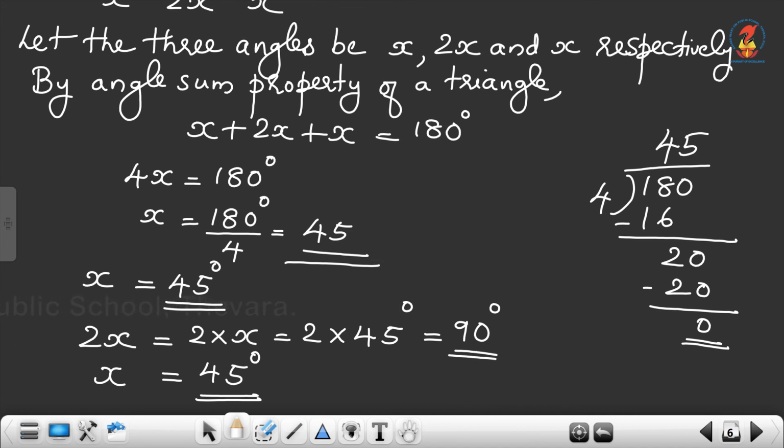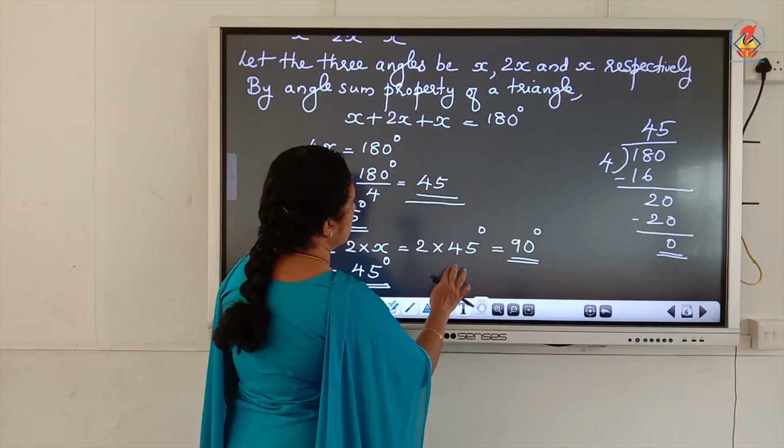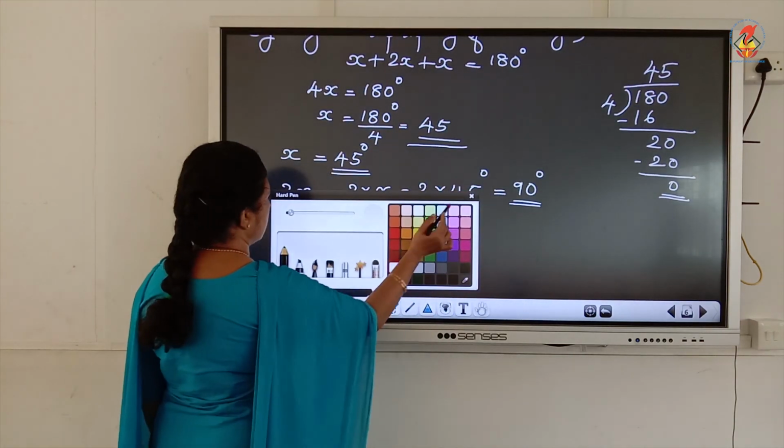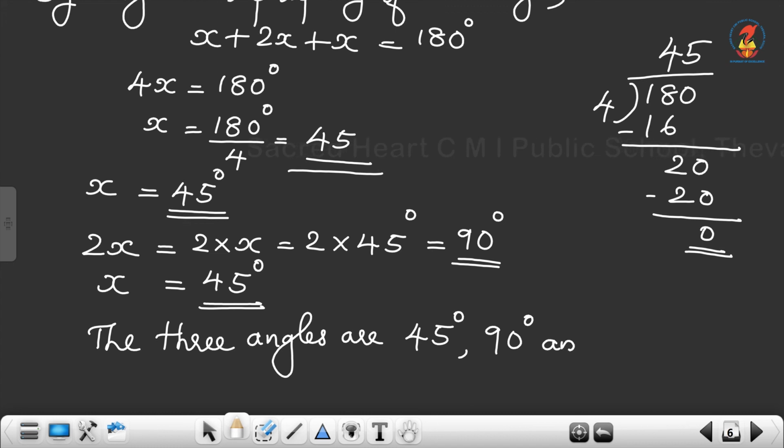Therefore, the measures of the three angles are 45 degree, 90 degree and 45 degree.